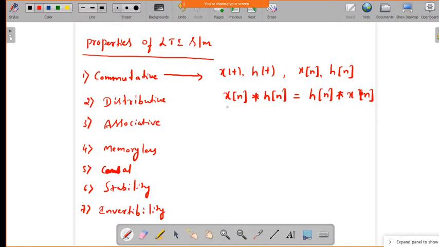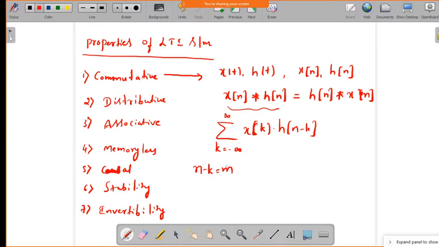First take the LHS, which is the output y of n, given by summation k equal to minus infinity to plus infinity, x of k into h of n minus k. Now take n minus k equal to m.